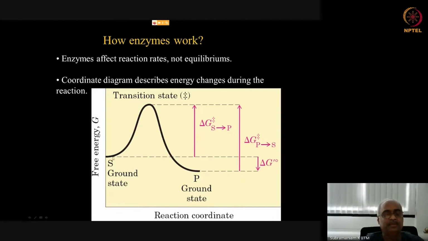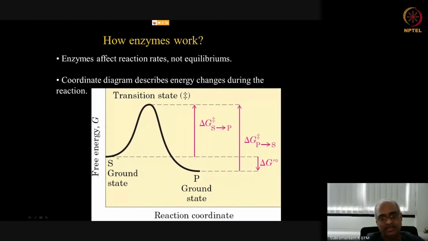So compared to the entropy of substrate, this is higher. So the free energy available is lower. Okay, so only under that condition a reaction can happen. So the net change has to be negative, then only is the reaction going to happen.